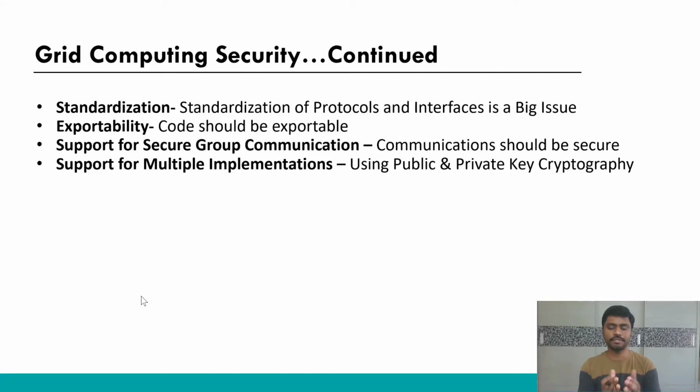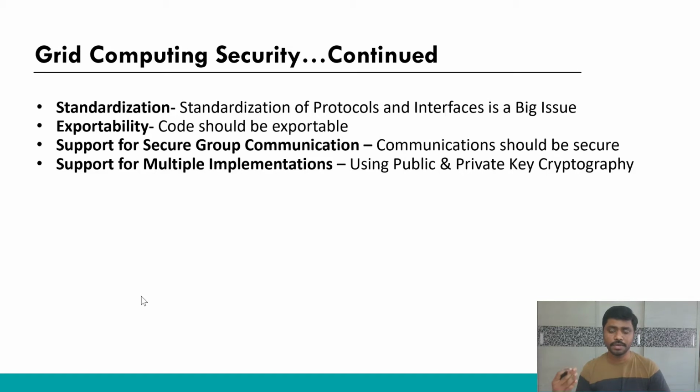See, if everything happens within the four walls of an organization, everything will be in your control. But in the grid computing concept, any computer across the globe can connect to your grid. So when you are allowing some third party machine to access your network, the communication should be very protected, right?